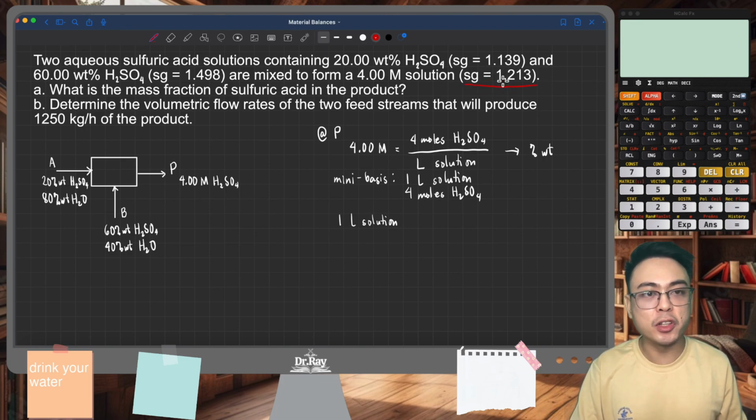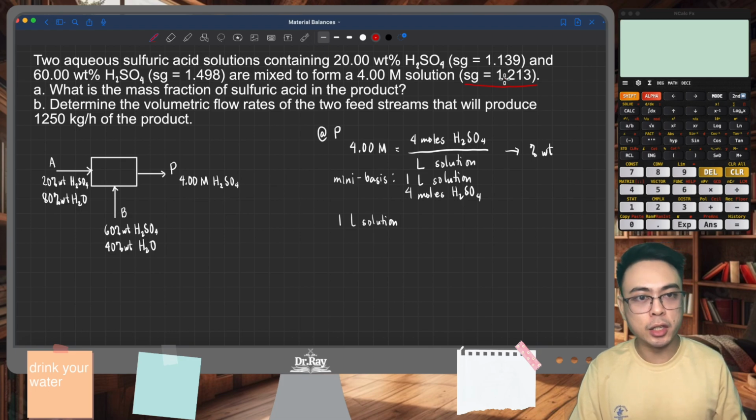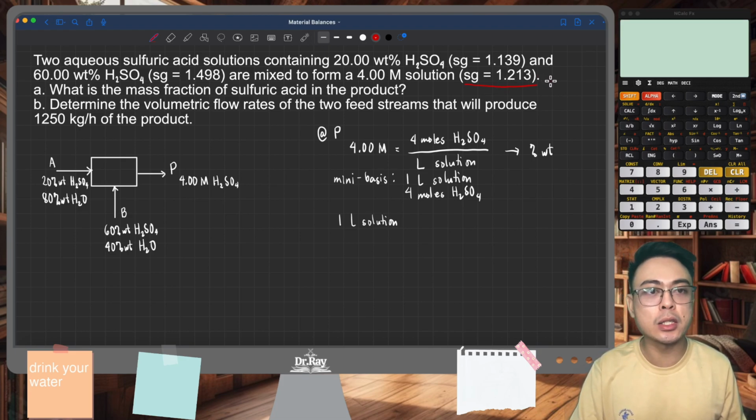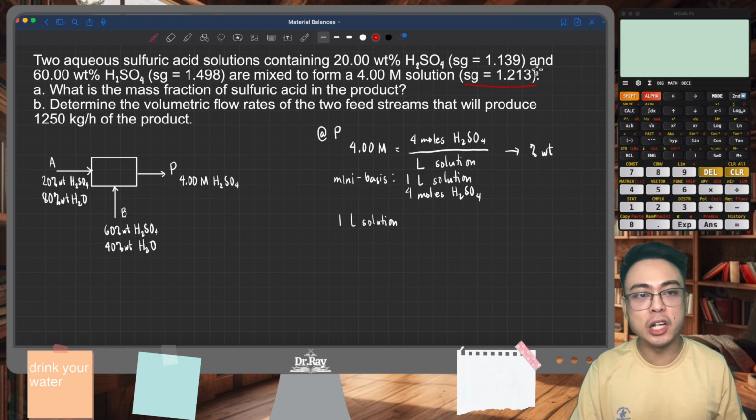If your specific gravity is 1.213 and our reference substance is water at its densest, typically at 4 degrees Celsius, the density of water at that point is very nearly equal to 1 kilogram per liter. Therefore, the specific gravity can be converted to a density that is numerically the same. I can say that the density of the 4 molar solution is 1.213 kilograms per liter.